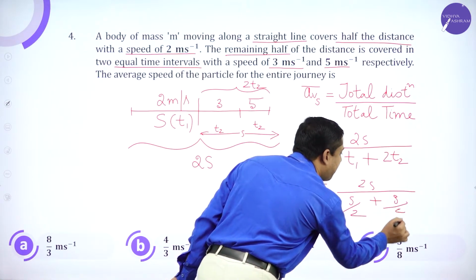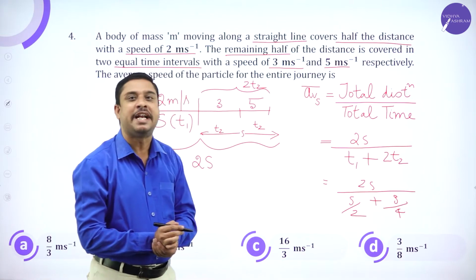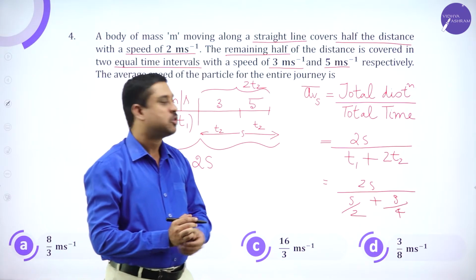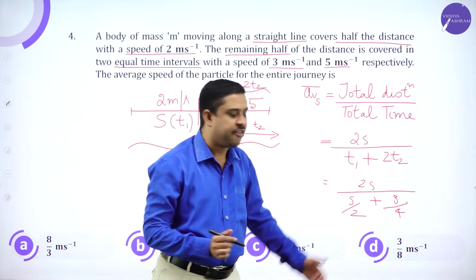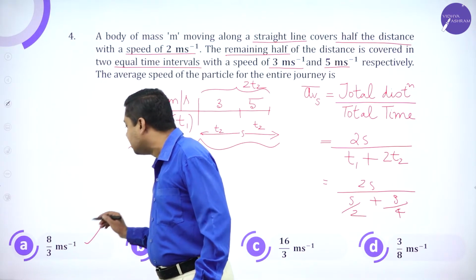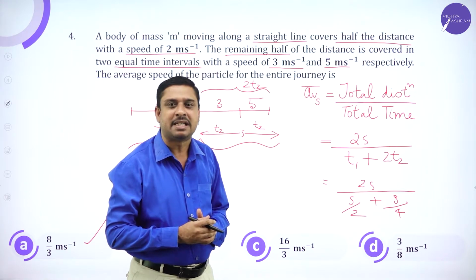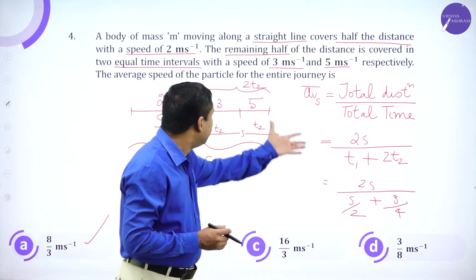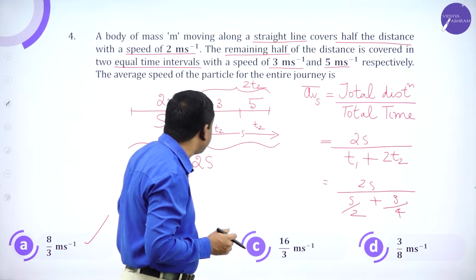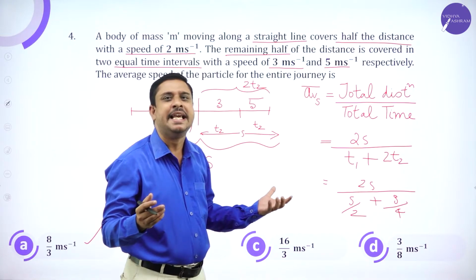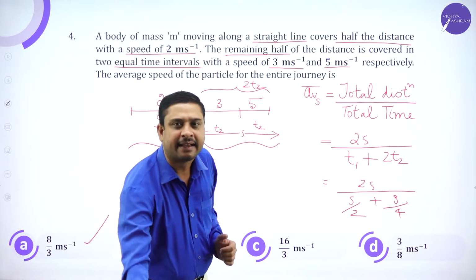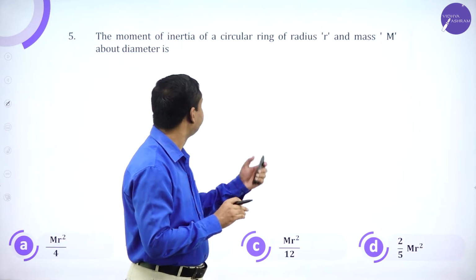When you simplify, it is s divided by 4. So when you simplify this, the answer will be 8 by 3 meter per second. Simple. If you try to draft the question, you will easily arrive at the solution.